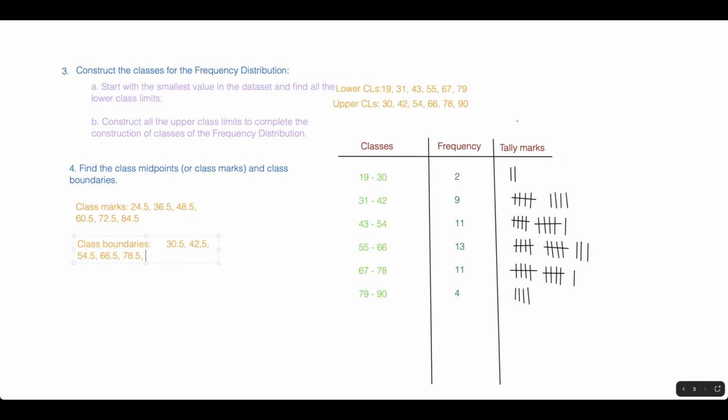Then we have 90.5, right? And we will have actually one more, which is basically before the lower limit of the first class, and that will be 18.5. Okay?